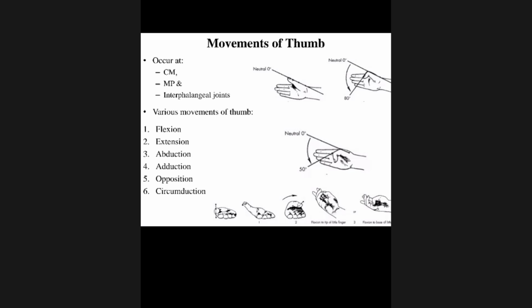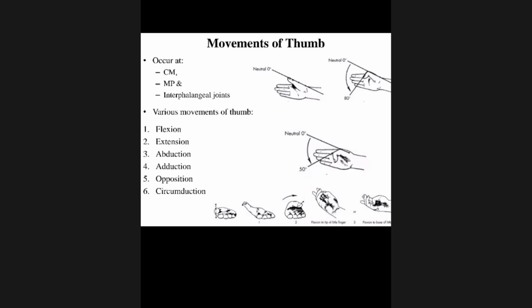The metacarpophalangeal joints of the other fingers, the index finger, middle finger, ring finger and little finger, are all ellipsoid type. Which movements are possible there? Only flexion, extension, adduction and abduction.